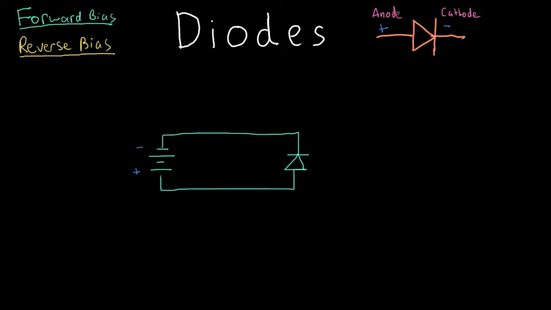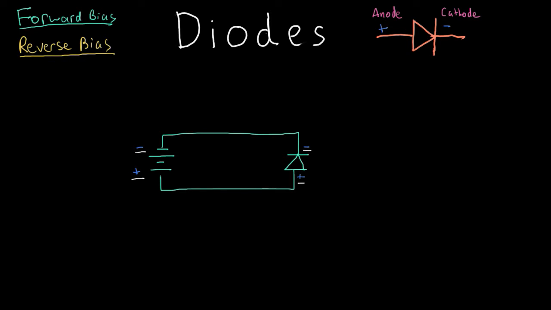Now what does forward bias mean? Well, forward bias means connecting the diode on the anode side, which is positive, to the positive side of the battery or voltage source, and the cathode side, which is negative, to the negative. So we're going to connect the positive to the positive and the negative to the negative.